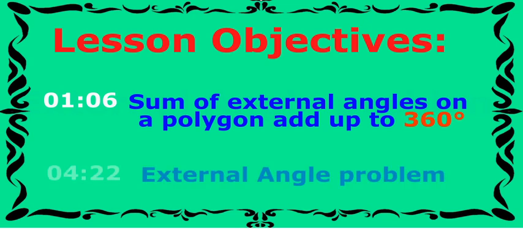Then in the second part, we're going to look at an external angle question, which, knowing that all of the external angles add up to 360 degrees, will help us solve problems involving both external and internal angles of polygons. So let's move on to the first part of our lesson.